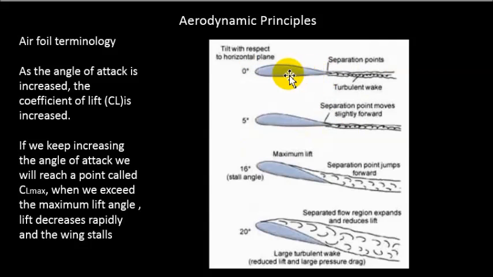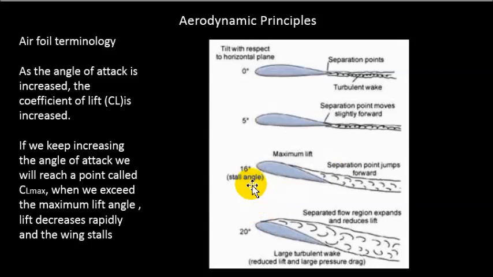Now, this is the point where we have what we call laminar airflow. Laminar. Listen to that word, laminar. Think about your driver's license. It's laminated in plastic. It's like the air is attached to the wing. So what happens is the air starts detaching itself, and that's what we call airflow separation. But the separation just starts creeping forward at 5 degrees, creeping forward at 16 degrees. All right.